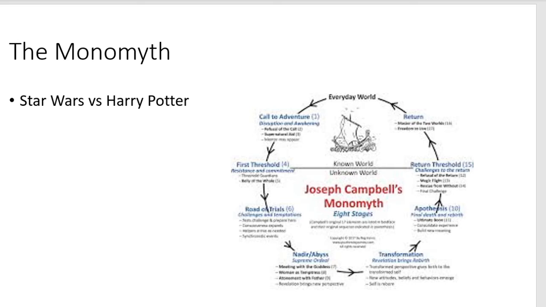In fact, if you were to write the basic plot of Star Wars and put it beside the basic plot of Harry Potter, you could just take out keywords and change the keyword from, say, for example, Jedi to wizard, and potentially have the same synopsis happening, because the events follow a very similar pattern.